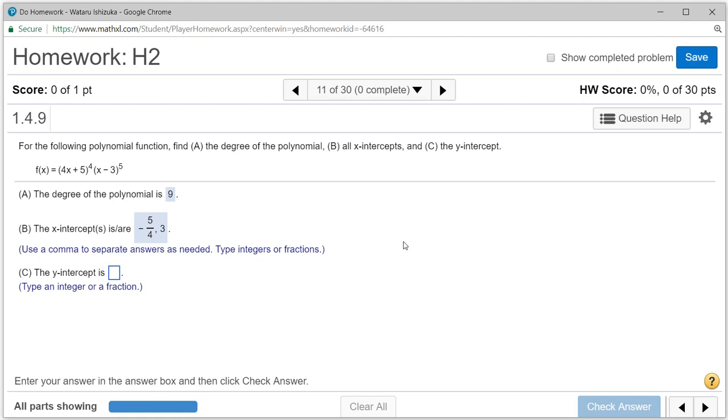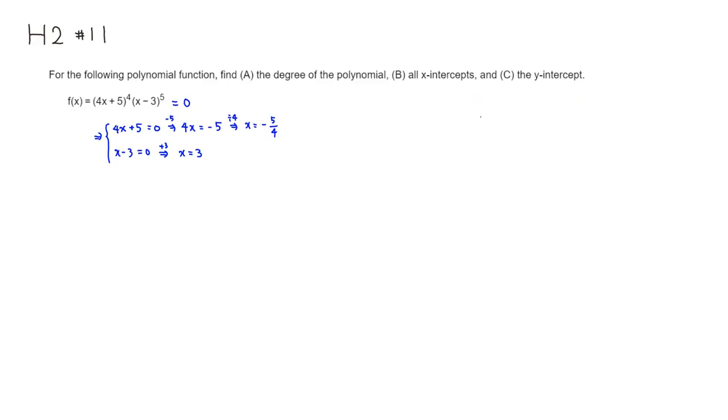The y-intercept is pretty easy because we just have to plug in x equals 0. So y is equal to f of 0.